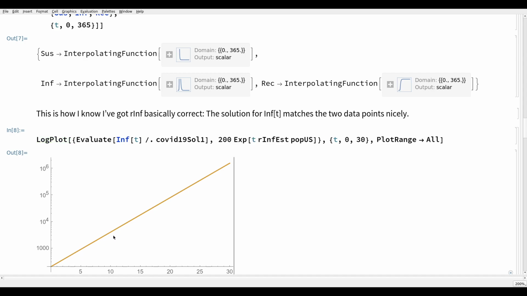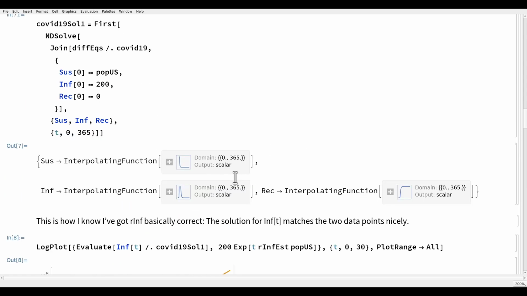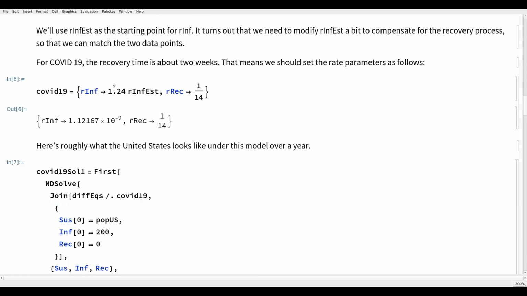They align so well that they're practically indistinguishable. And again, what I did to get this was to fiddle with this factor right here until I got the two curves to line up.